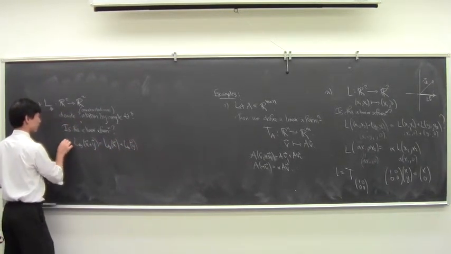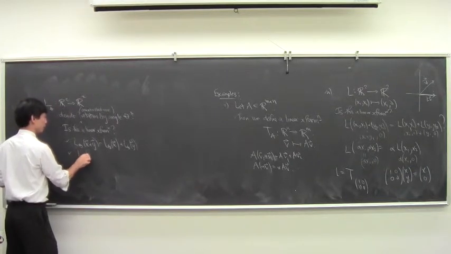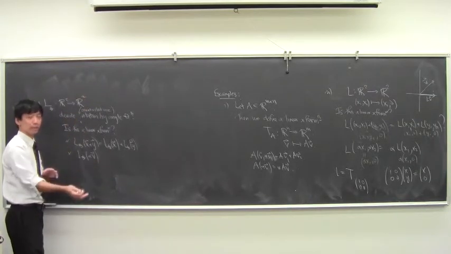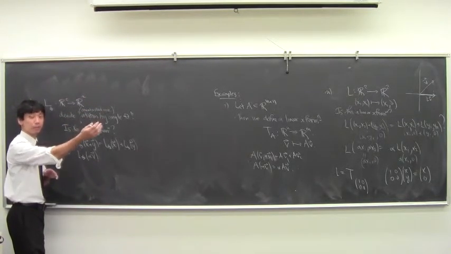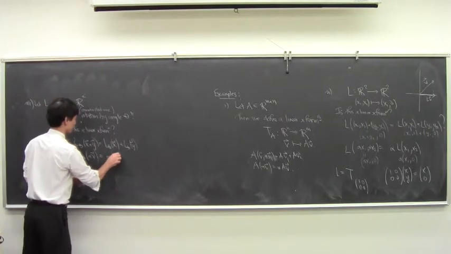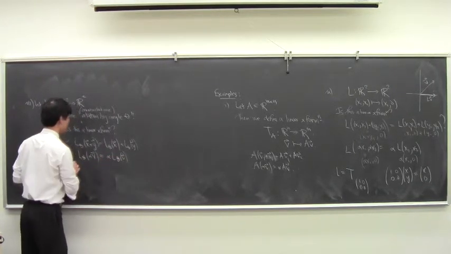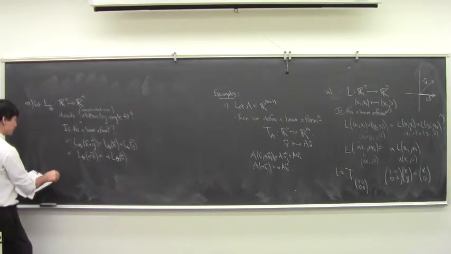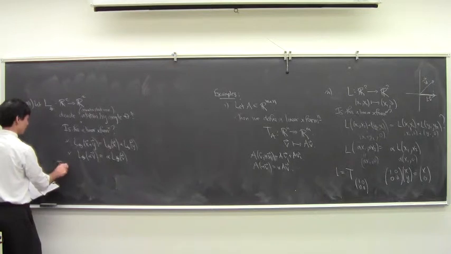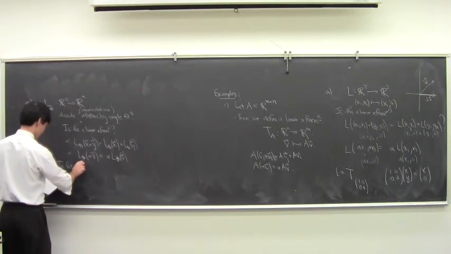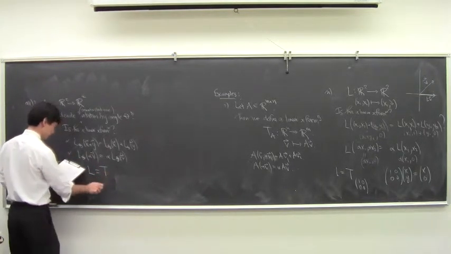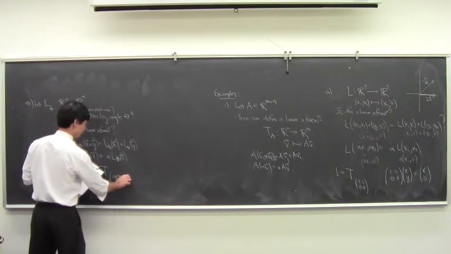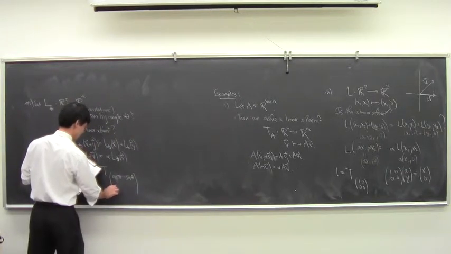If you scale a vector and then rotate it, is it the same thing as if you rotate it and then scale it? Sure. So both of these are true, and this is in fact a linear transformation. In fact, L can be realized as left multiplication by the following matrix.